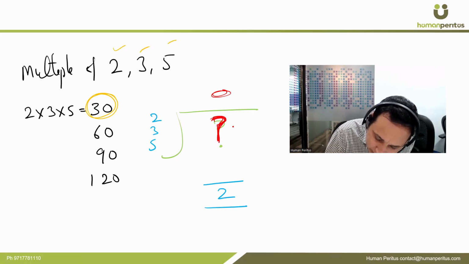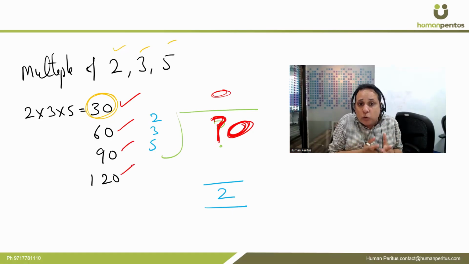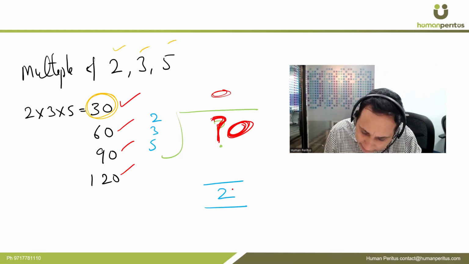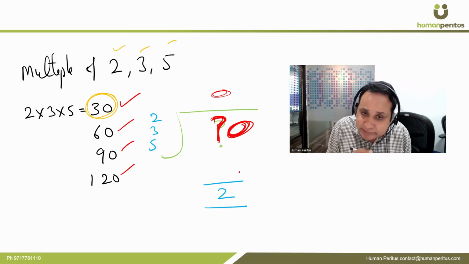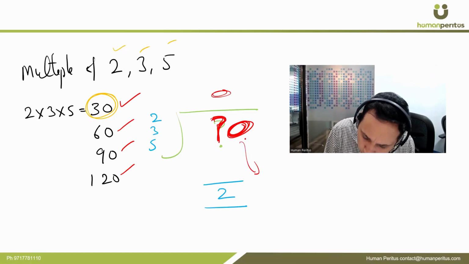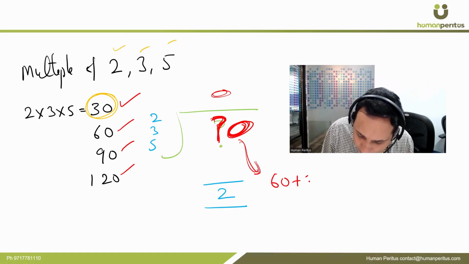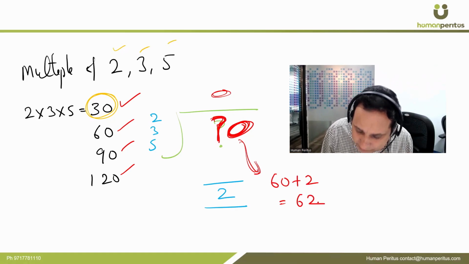So this multiple, which is dividend, is nothing but this. But I want my remainder to be 2. And if there is a remainder, I can straight away add 2 to this, right? Whatever number comes here, maybe this is 60 plus 2, and I get my 62.